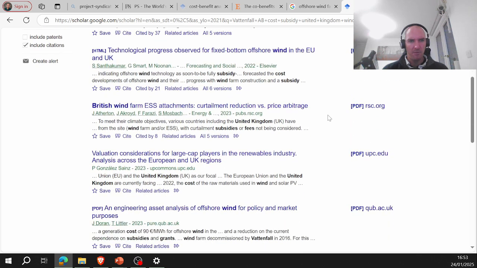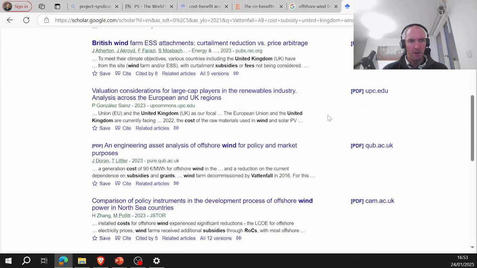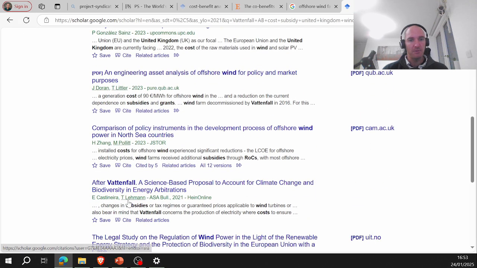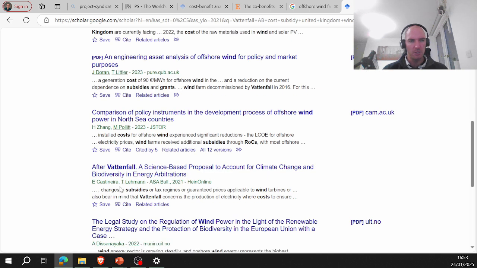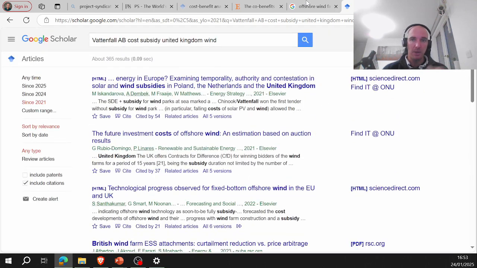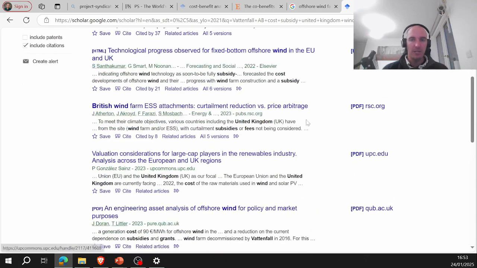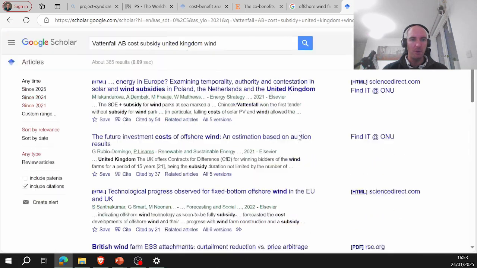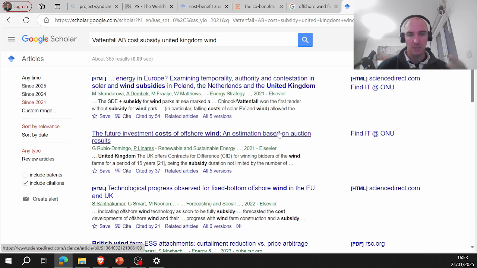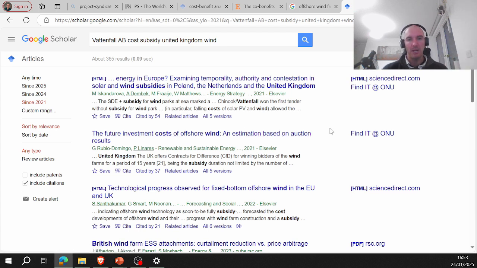Yeah, so we don't have particular reference to that Swedish firm, but after Vattenfall, a science-based proposal to account for climate change in energy arbitrations. I think this is some other case. But in any case, I've already, by just Googling around a bit, seen maybe that there's not a direct link between these two, but that when I start to look at Vattenfall, all this other stuff about offshore wind comes up that might be quite relevant to my formative.